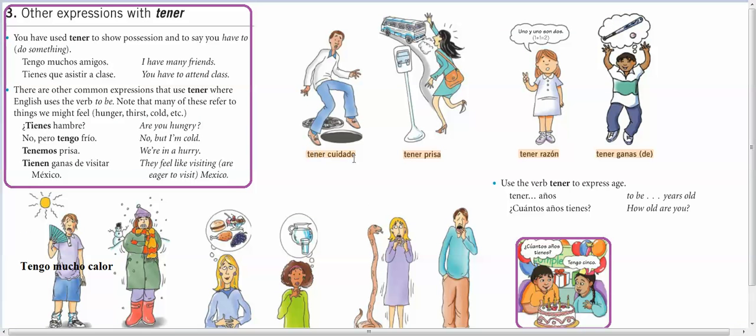Tener cuidado. You might see this a lot when there are those little orange signs out in, well, you know what? I might find a picture of it. Hold on a minute. Okay, so I went online and here's a picture. If you look right here, caution, cuidado, and it says wet floor, piso mojado.